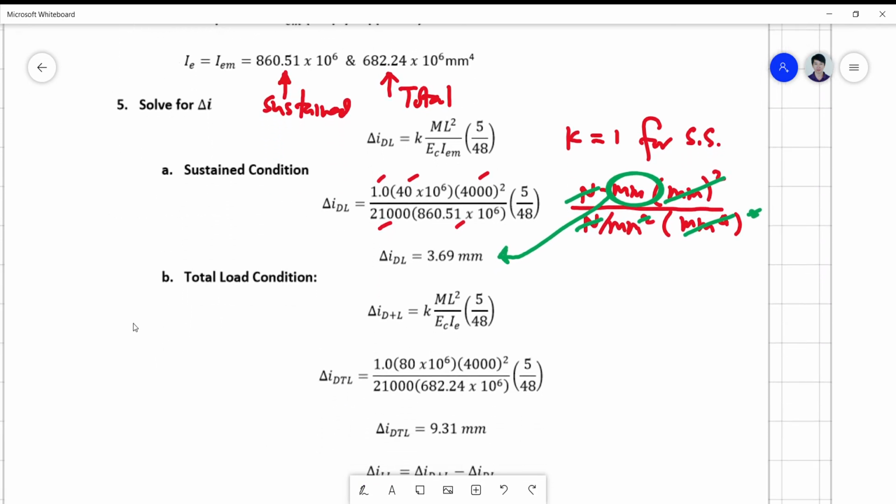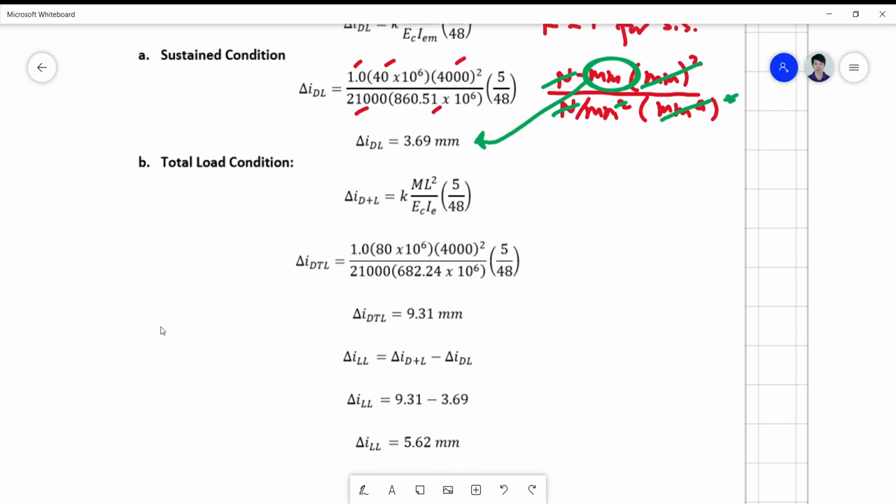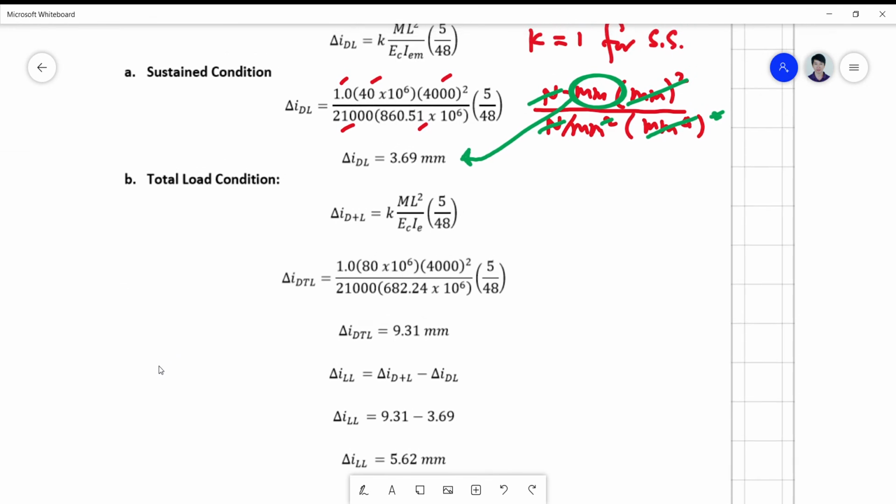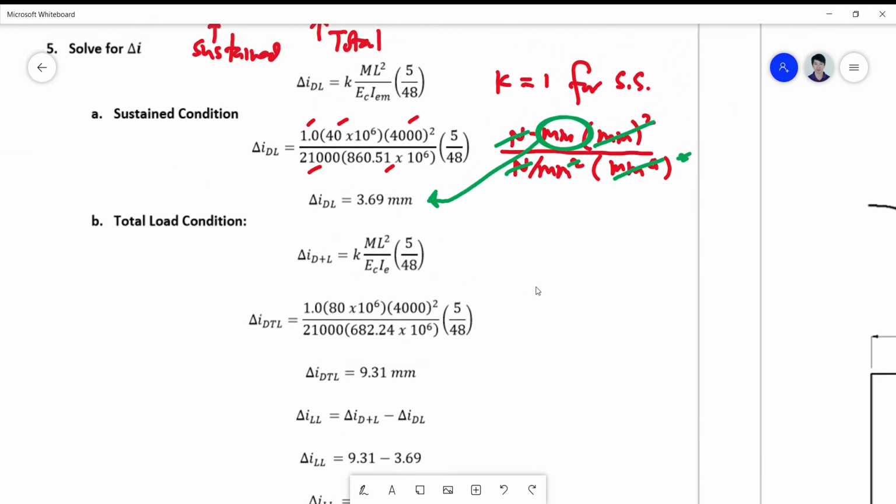Okay, so similarly for the total load condition, I simply change the value of my M. Instead of having 40, my M becomes 80. This is the applied moment. K is still 1. And also your I effective is 682.24.